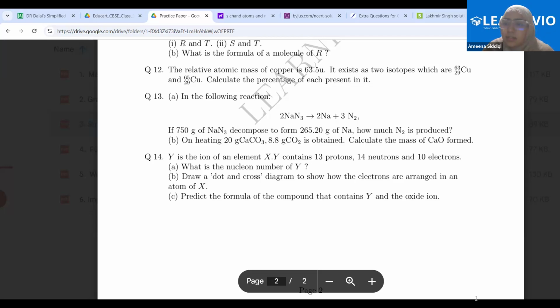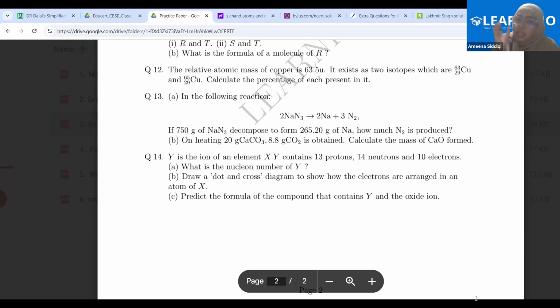What's the answer, Mithun? Ma'am, 484 point. See, what is the approach that we need to follow?